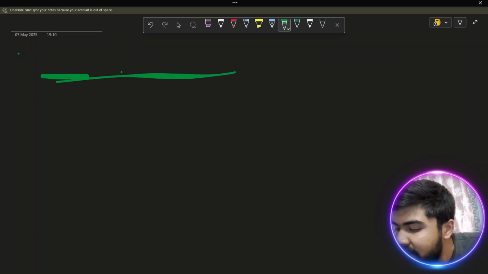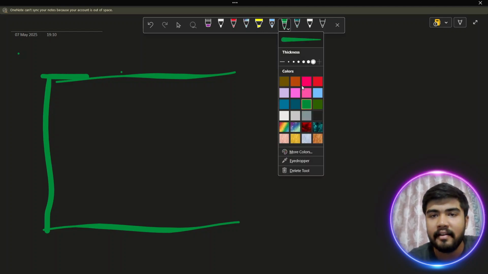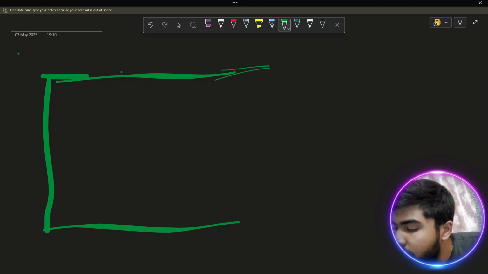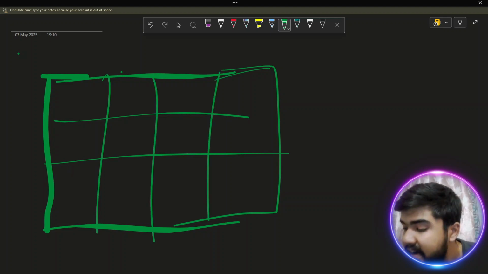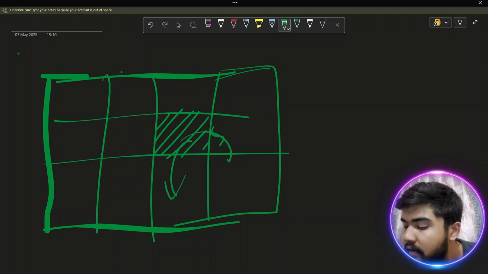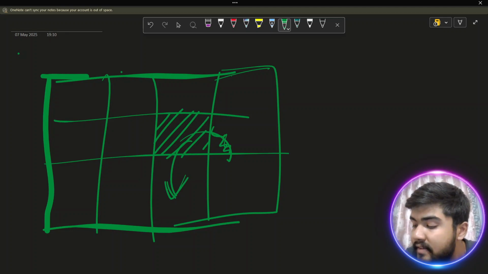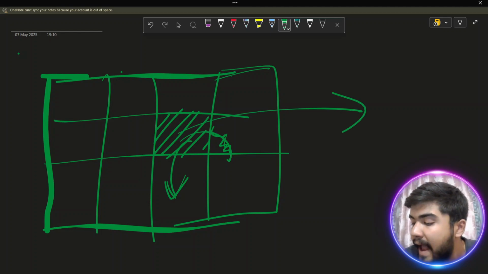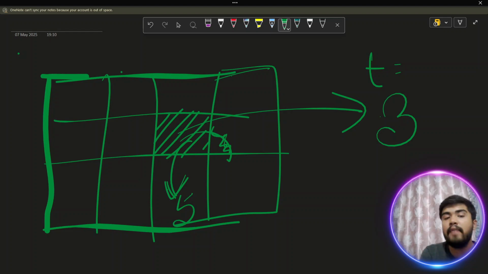Let's suppose we have this grid. When you are standing at this point and want to move to the cell below, let's suppose you are standing at this particular cell at t equals 3, and the value at the cell below is 5.